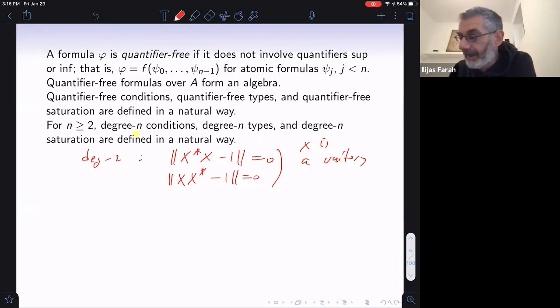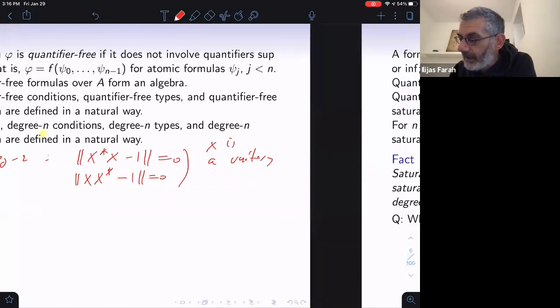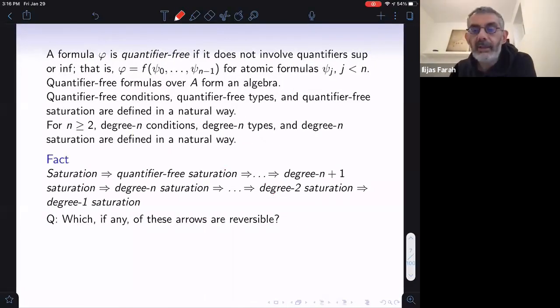So you can define degree 15 conditions and whatnot, and then you can look at a hierarchy of different saturations. The full saturation is on top. It implies quantifier-free saturation, because you're just asking for less.